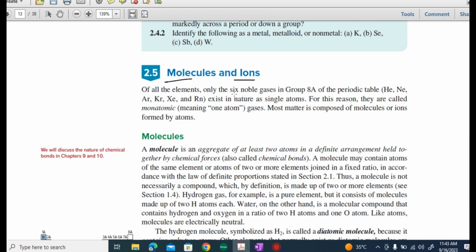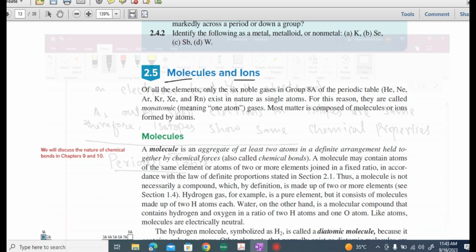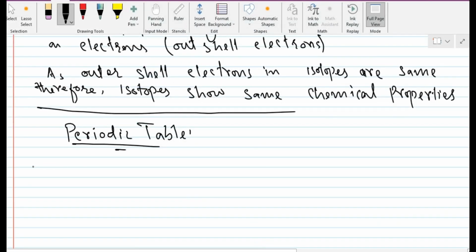So first question, what is an ion? Remember that ions are those atoms which are involved in losing or gaining electrons. I'm going to write this down because it is an important point.